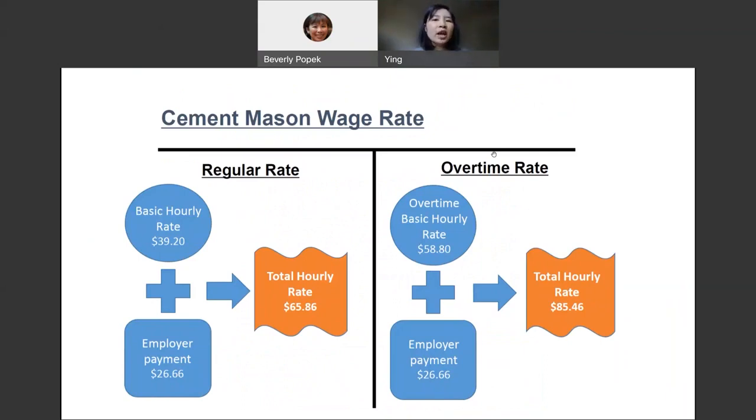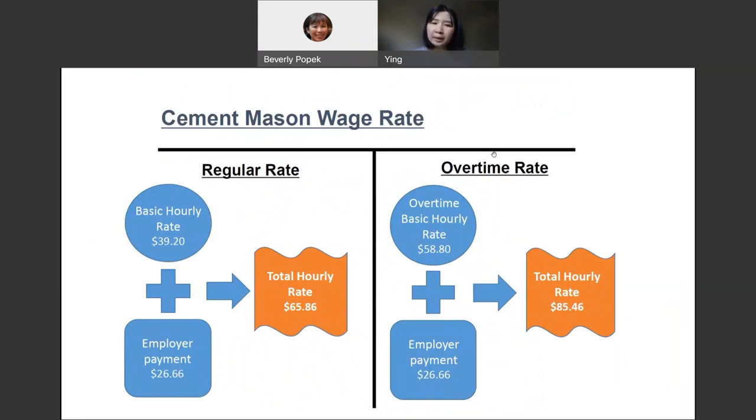So let's take a look at the cement mason wage rate and see what should be paid for straight time and also for overtime. You can see it here. The basic hourly rate is $39.20, and the basic hourly rate is going to factor into the overtime calculation.